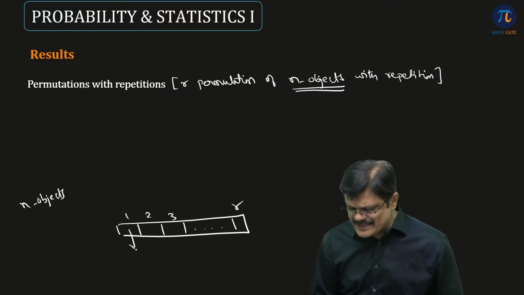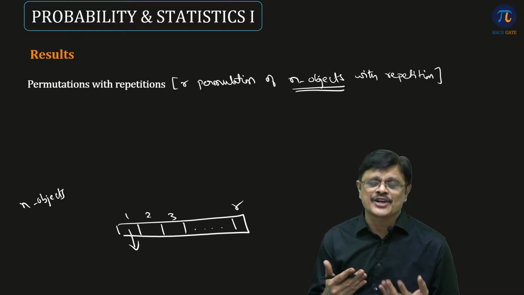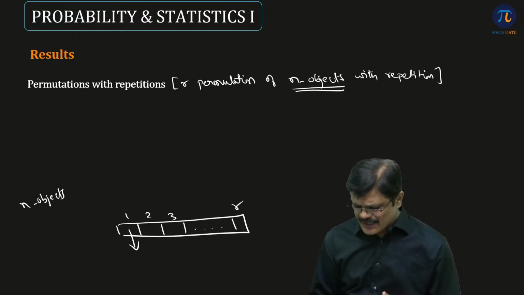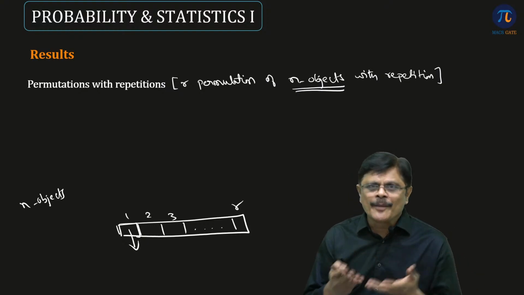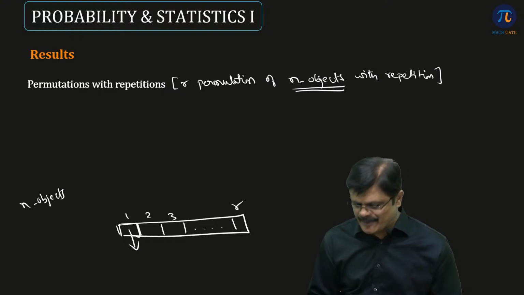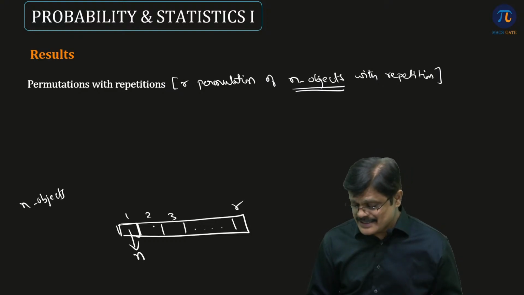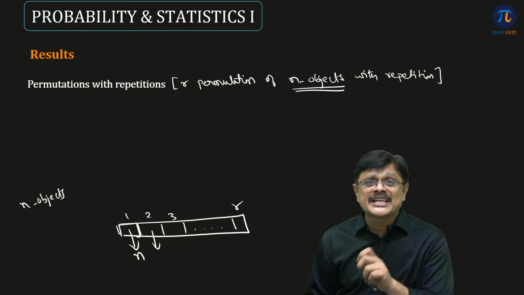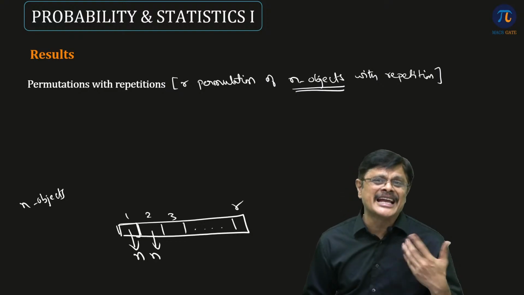So how many ways can you select the first one? That is, we need to make an r selection or r arrangement. So you are making an r arrangement. First place, how many objects can be placed? Any of the n objects can be placed. See, if it is without repetitions, second place you will be having only n minus 1 choices. But when it is with repetition, even for the second place you are having n choices.